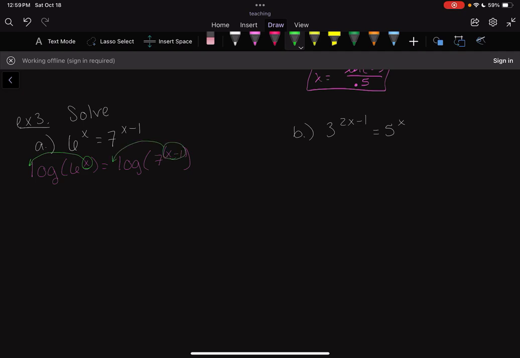They can turn into multiplication. So this is a great way to get our variable out of the exponent. So I'm going to rewrite this as x log 6 equals x minus 1, keep that in parentheses, log 7, because it's the whole thing multiplied by log 7.